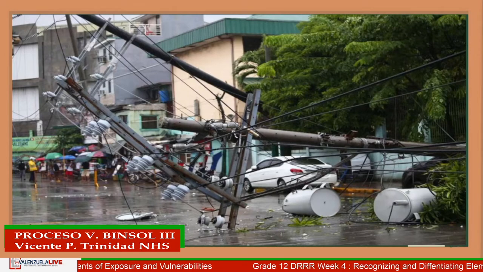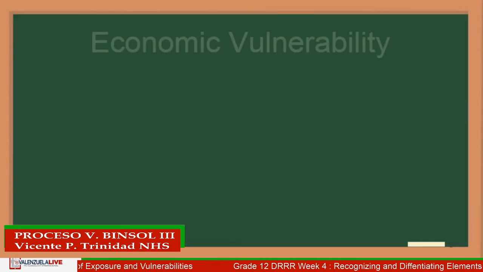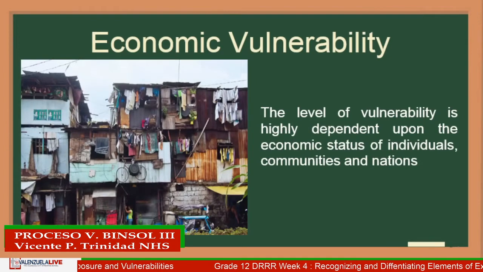Now, let us go on to the third vulnerability. This is economic vulnerability. What do we mean by economic vulnerability? The level of vulnerability is highly dependent upon the economic status of individuals, communities, and nations.